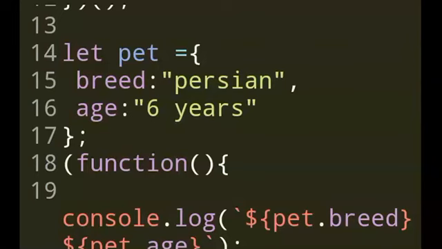So, in order to conclude, again, let's discuss what is an anonymous function. So basically, an anonymous function is a function without a name between the function keyword and the parenthesis. That means it's basically a JavaScript function without a name.